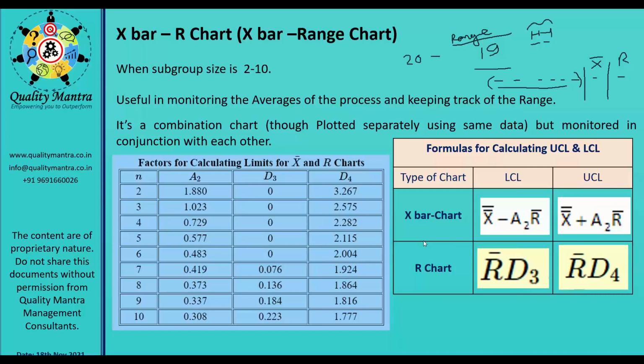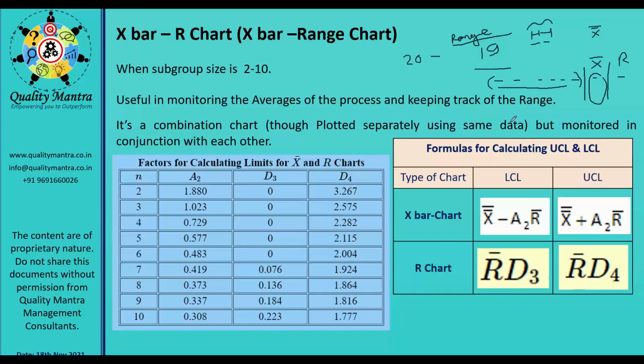The maximum value in the subgroup minus the minimum value will give you the range of the subgroup. So basically what you are plotting are the ranges of the subgroups, the averages, and the average of the averages, that is X double bar, instead of plotting individual data.